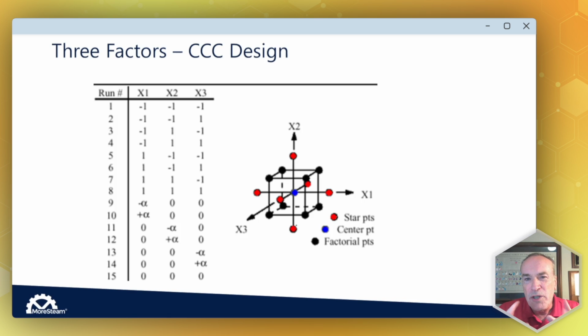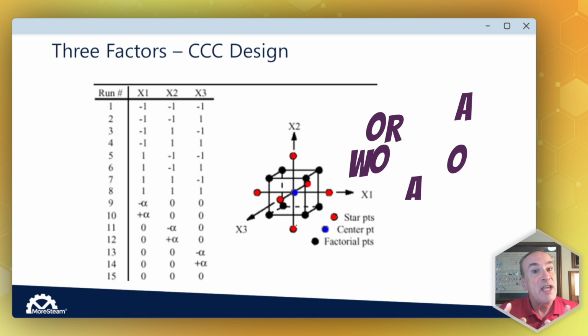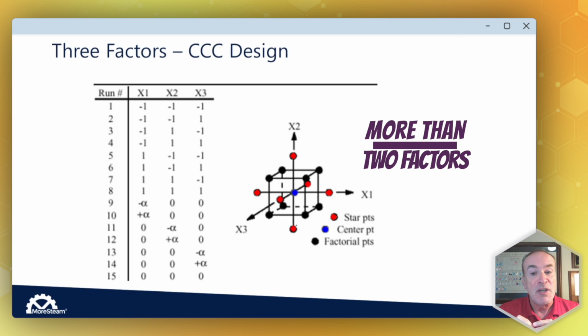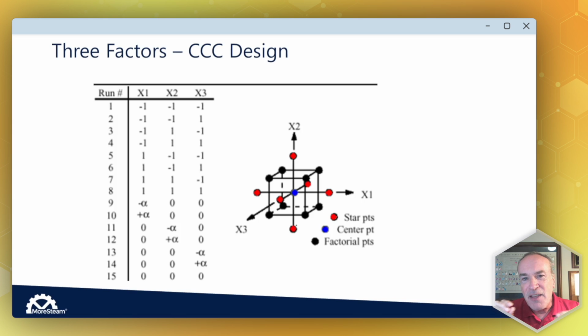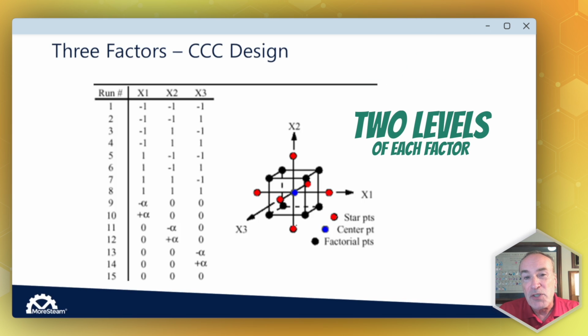Now, when you're only running two factors, you probably said, Kevin, there's not a lot of difference. But here's where that changes when we have more than two factors. In this case, you can see that cube down there. Those black dots represent two levels of each factor. There's a total of 8 combinations of those.